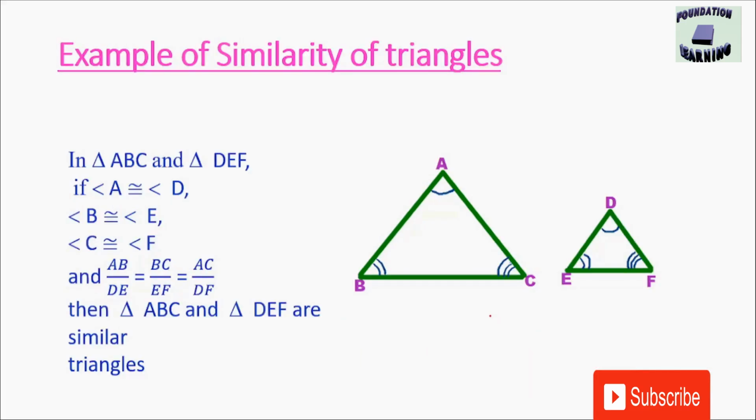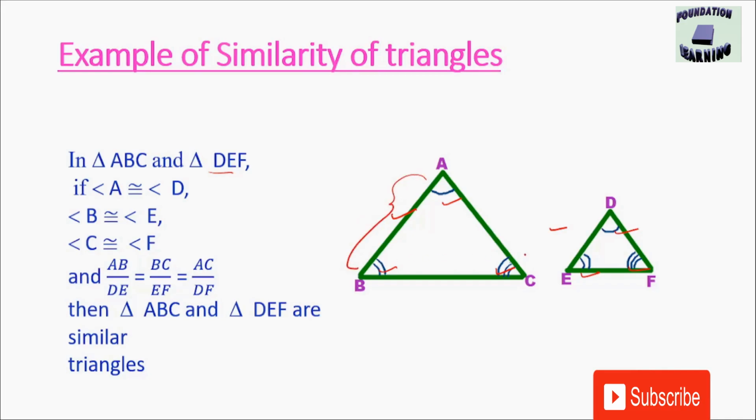Let's take another example. In triangle ABC and triangle DEF, angle A is congruent to angle D, angle B is congruent to angle E, angle C is congruent to angle F, and which sides will be in proportion?